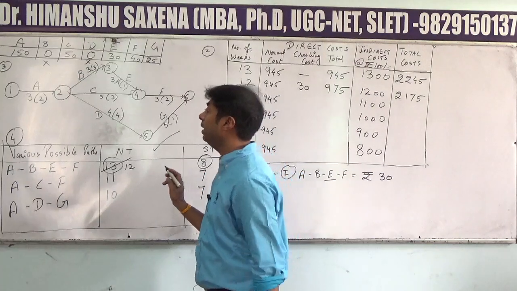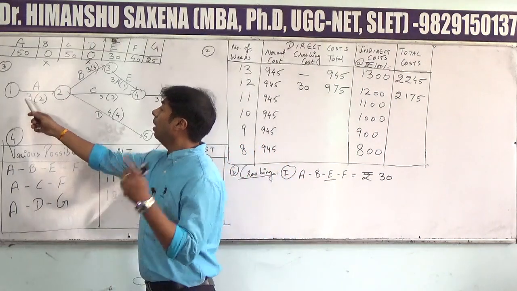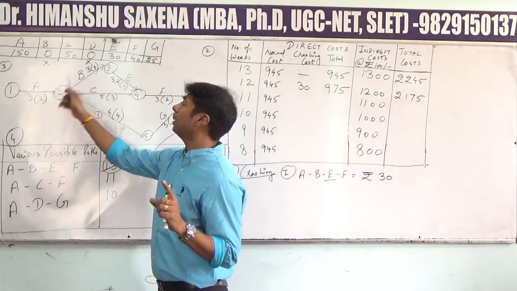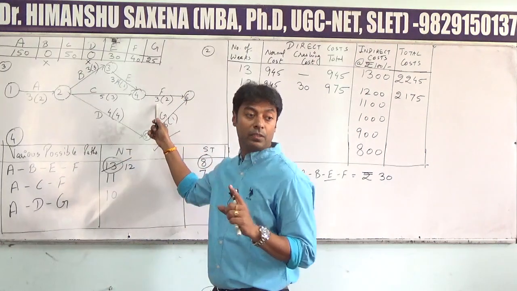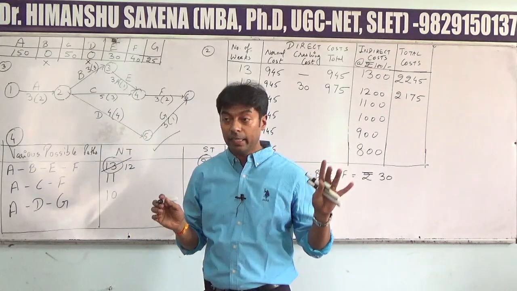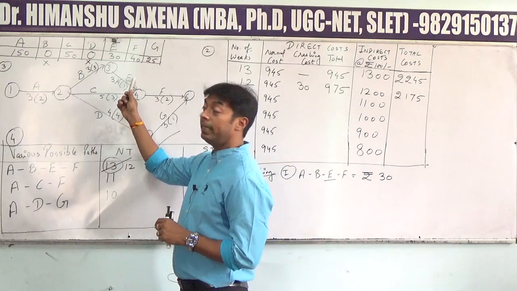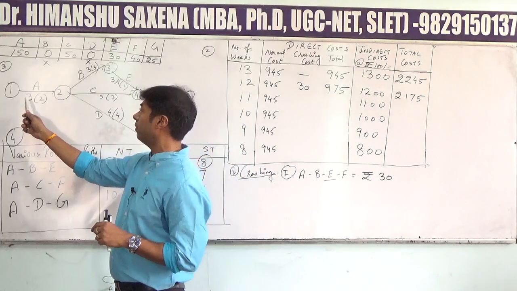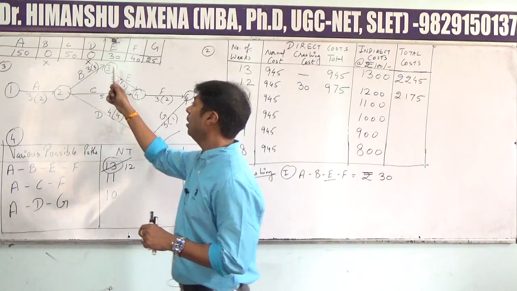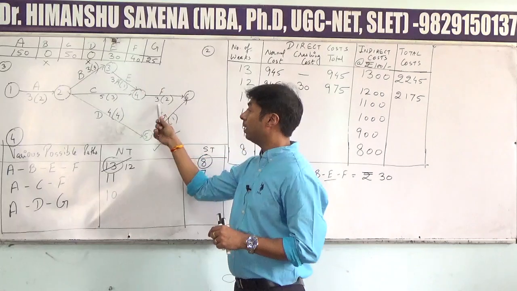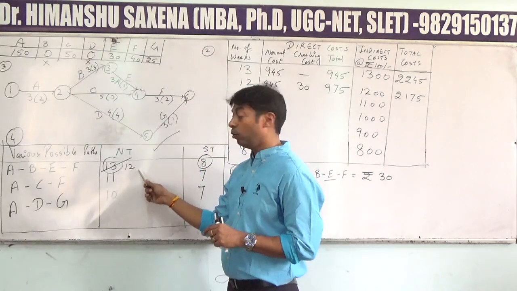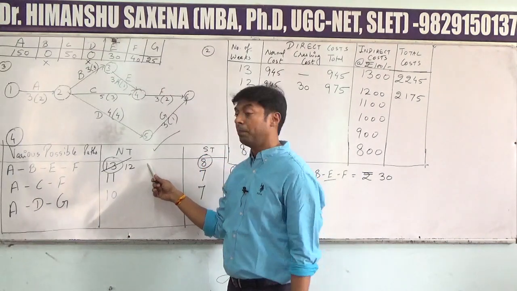You can always tally it up. A, B, E, F. Earlier it was taking 3 plus 3, 6 plus 4, 10, and now 3, 13. So it was taking 13 weeks to be completed. But when you have reduced the activity E, the revised duration will be 3 plus 3, 6 plus 3, 9 plus 3, 12. So you have to show that value in your various possible paths table.